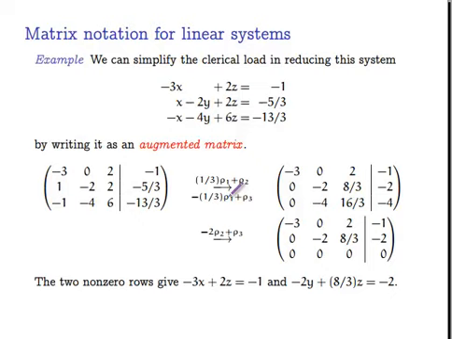We can do this in shorthand using matrix notation and get this result, and continue to do these Gaussian row operations using only the matrix of coefficients. This is called the augmented matrix because you have this matrix of coefficients, which is augmented by a column vector of constants. Once we've gotten down to this point, you can see that we have 2 leading variables, 1 free variable, and we can go ahead and solve in our usual way.